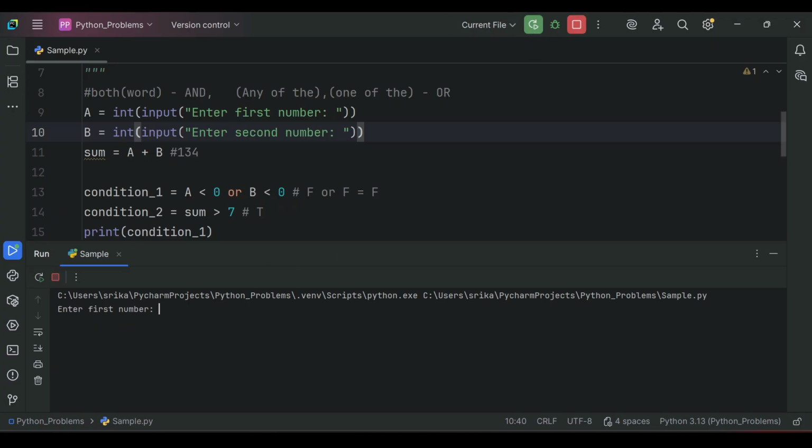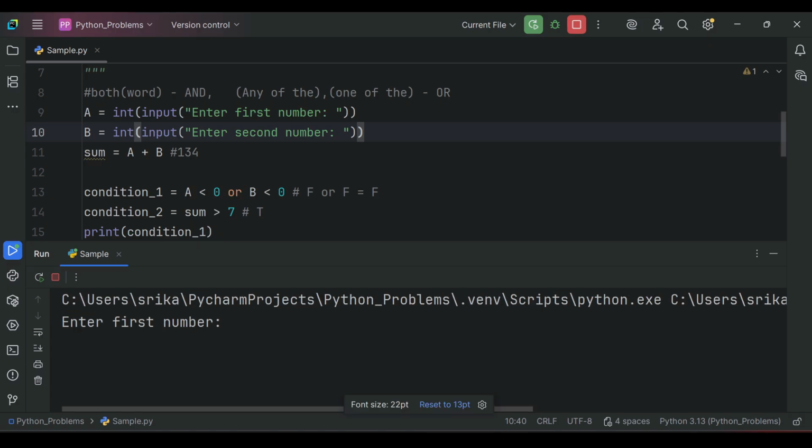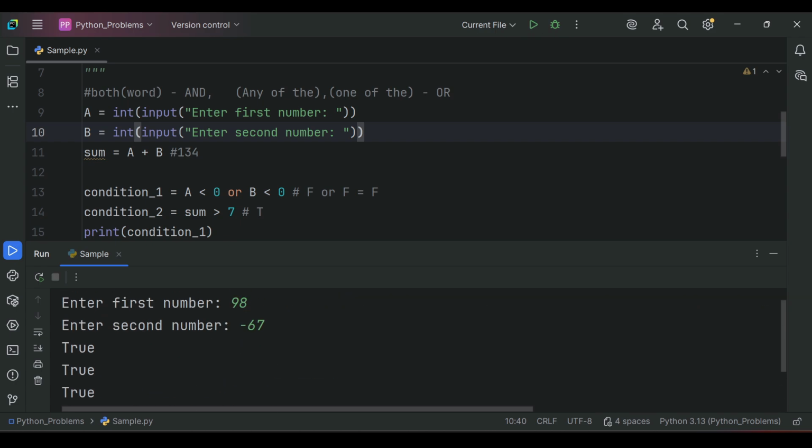Now I will check with this, 98 and this 67. Now see here, condition 1 is true and condition 2 is also true.